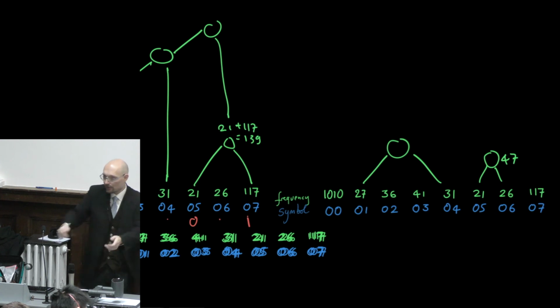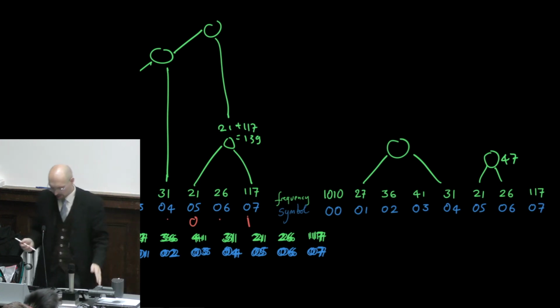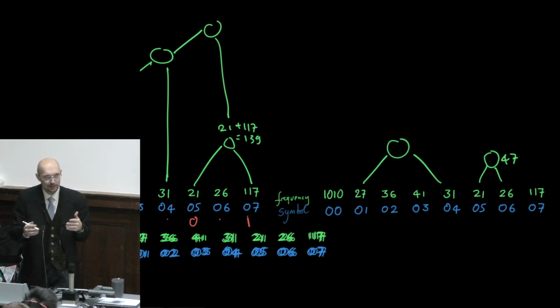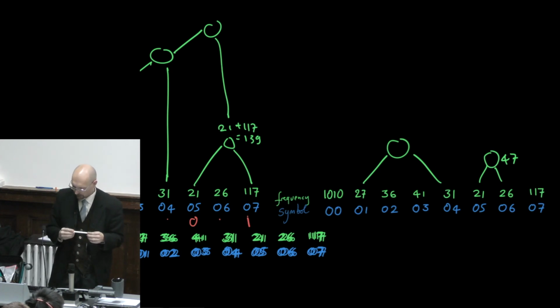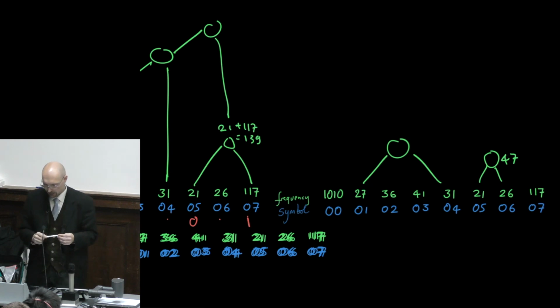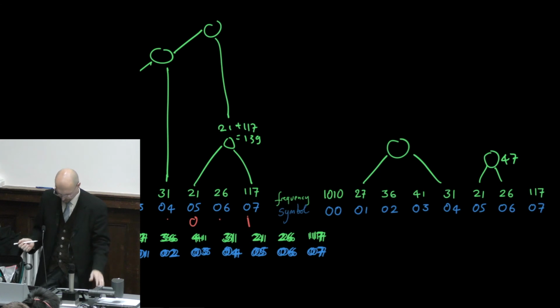And wherever it comes from, the next 2 things are going to be the best 2 things to merge. And I keep going until the min heap runs out of nodes to merge. And when there's only one node in the min heap, it means I've reached the root of this tree, and then I've built the whole code.